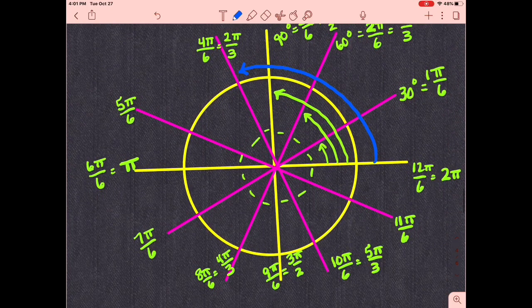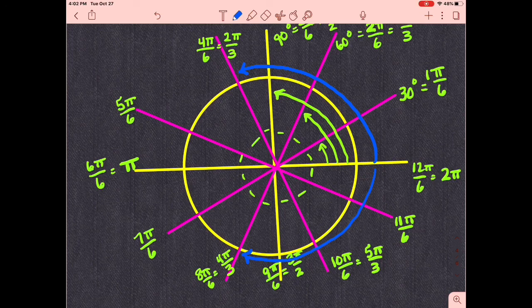So we actually want to do the same amount going backwards. We're going to go 2 pi over 3. And so we're going to do this. Just use the same blue going backwards. So we want to go like this. I think of it as one slice past 90 degrees going the other direction.